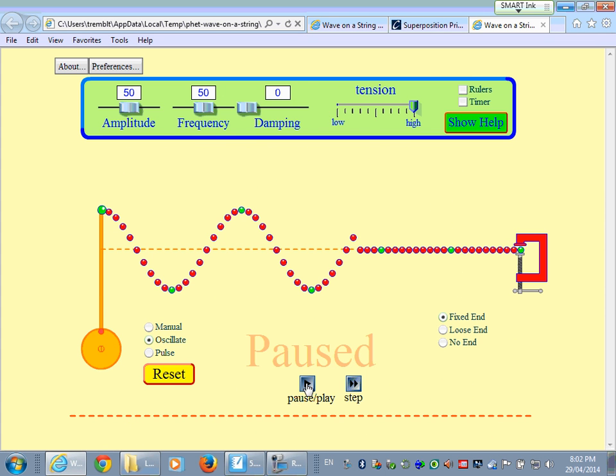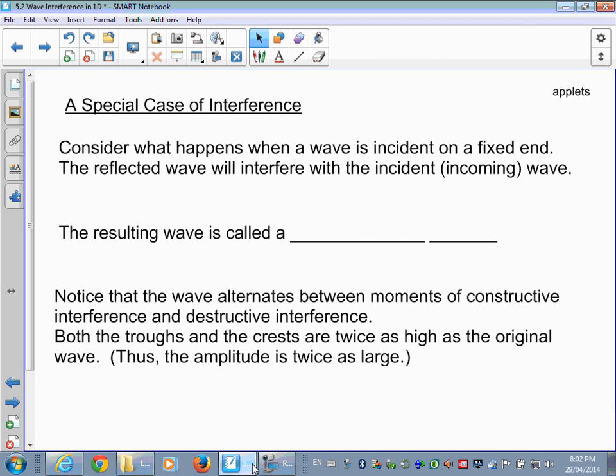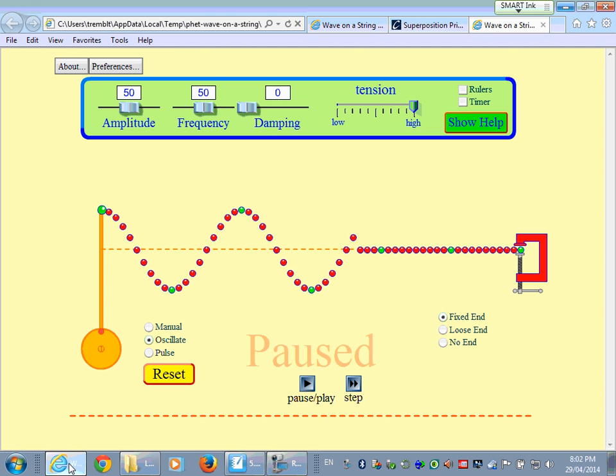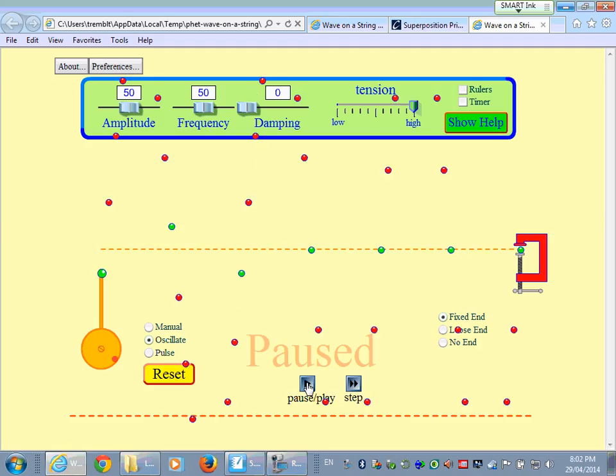It looks a little bit chaotic there, but the resulting wave that we get is called a standing wave. And if we go back to the applet here for a couple of minutes, we'll go step by step and we'll see how this is working.